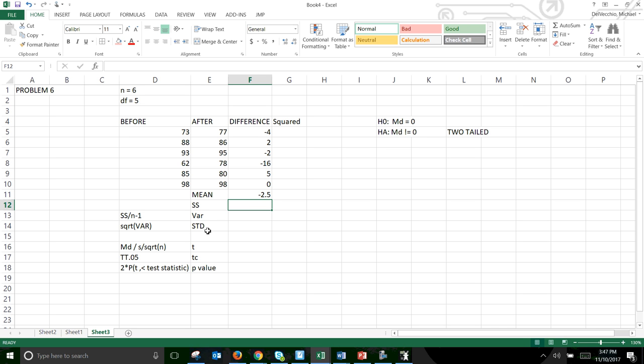So my mean difference was -2.5, so everyone did better by 2.5. Then I need to take my squared difference again, so that's going to equal my difference minus the mean of my differences. I'll hit F4 to make it an absolute cell reference, and I'll go ahead and square that. All right, then I'll copy that down.